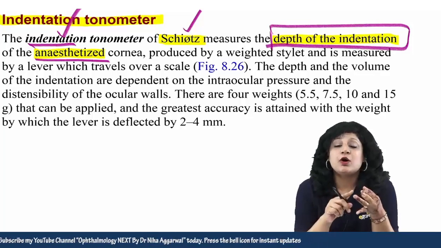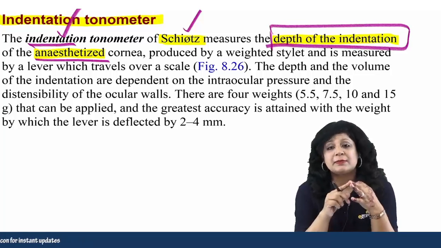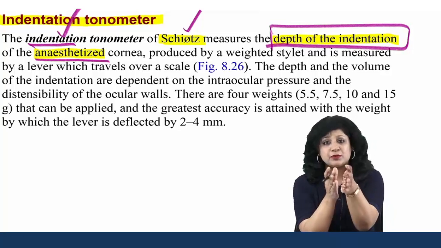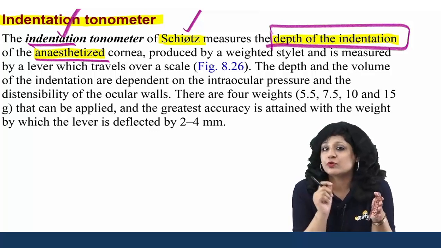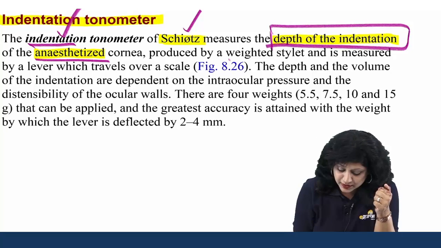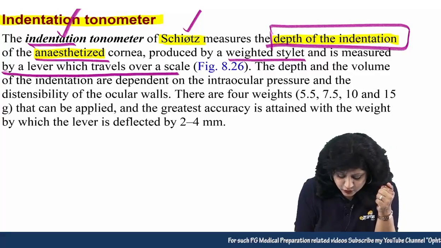The principle of indentation is used. We have to measure the depth of indentation. The principle is that whatever is the depth of indentation, that will be proportional to the intraocular pressure, and the name of the instrument is Schiotz. This is produced by the weighted stylet, and it is measured by a lever which travels over a scale.